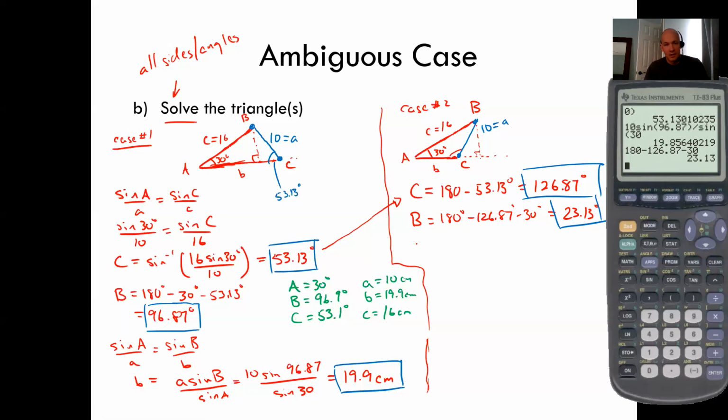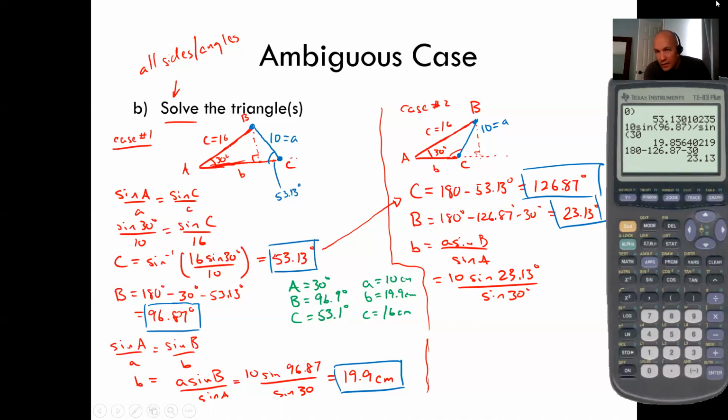And then we're going to get side B, and this is the exact same calculation, so I'm not even going to bother repeating all the explanation. I'm just going to write this out. So this would be 10 sine of 23.13, and then it would be divided by sine of 30 degrees.